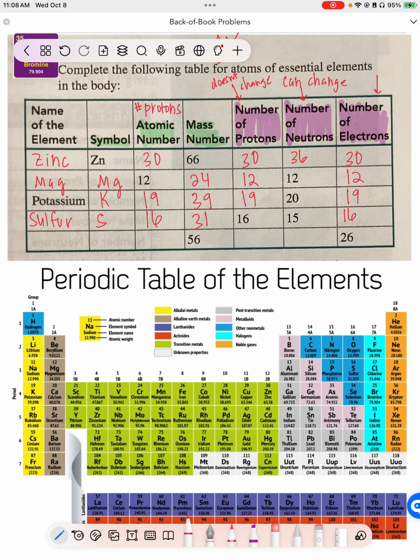And then last, we have a mass, which doesn't tell us much, but we do have the number of electrons. So the number of electrons equals the number of protons, which equals the atomic number. So our atomic number is 26, which means that our number of protons is 26. So let's go and find number 26, and we get iron.